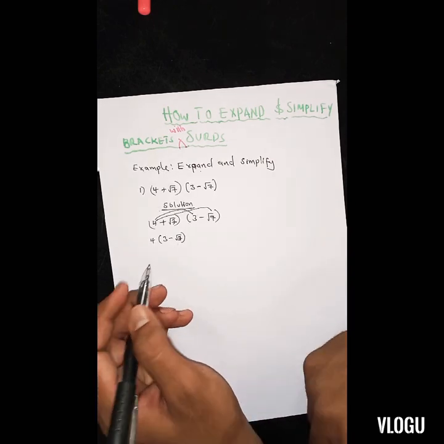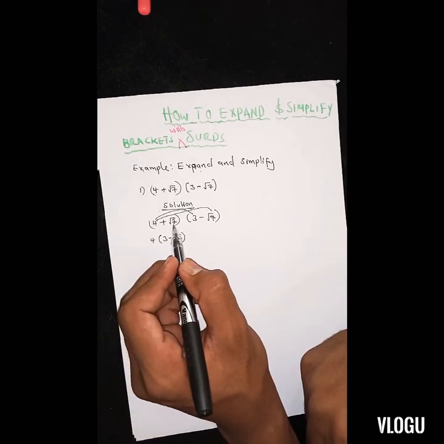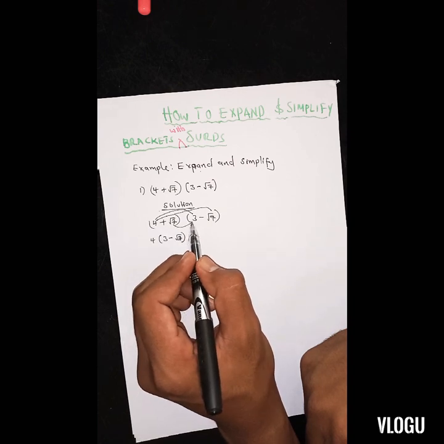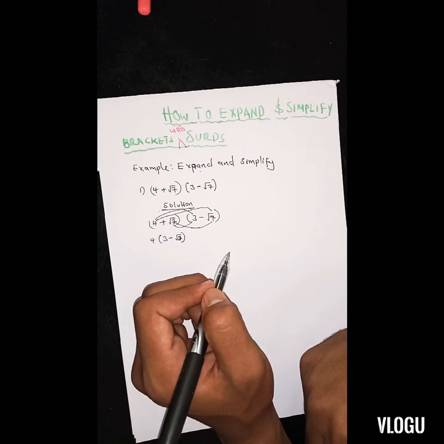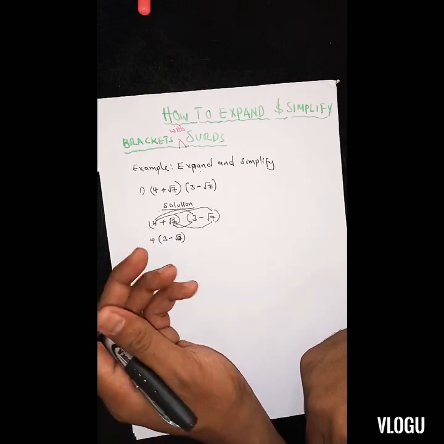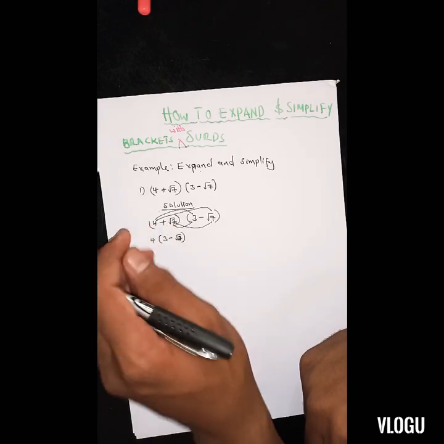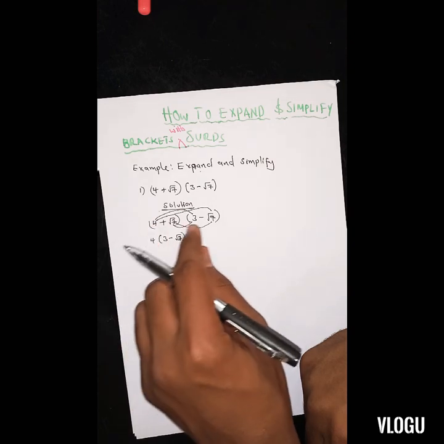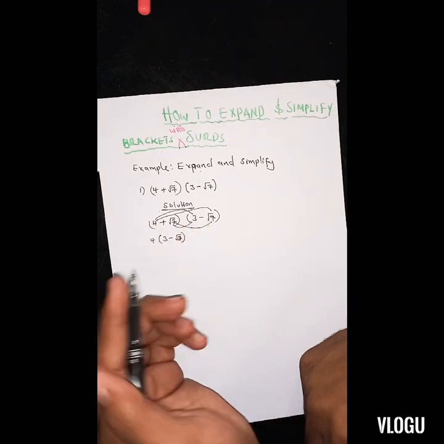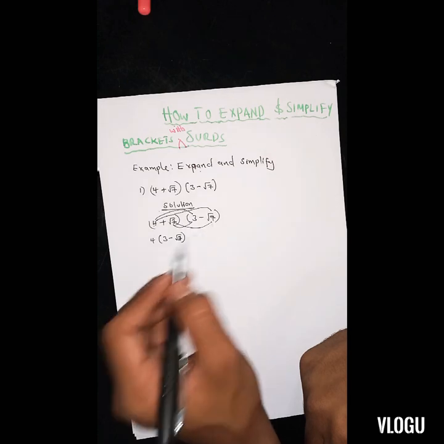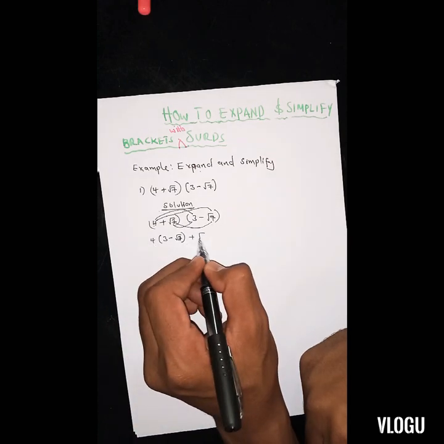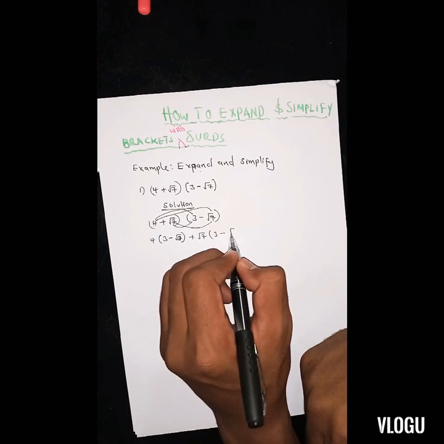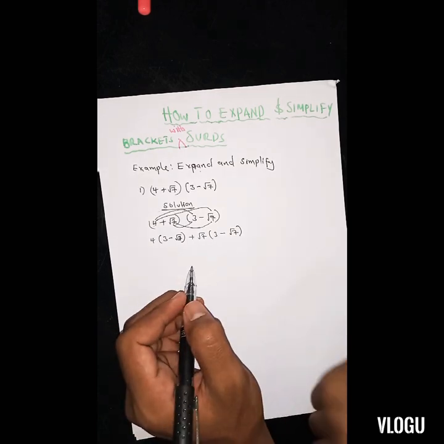Then again take this root 7 multiplied with 3, and then the same root 7 multiplied with root 7. In other words, we use each element in this bracket to multiply with the other bracket. So now we said 4 multiplied by this bracket, which is 4 into 3 minus root 7. Again, we take root 7 into 3 minus root 7.